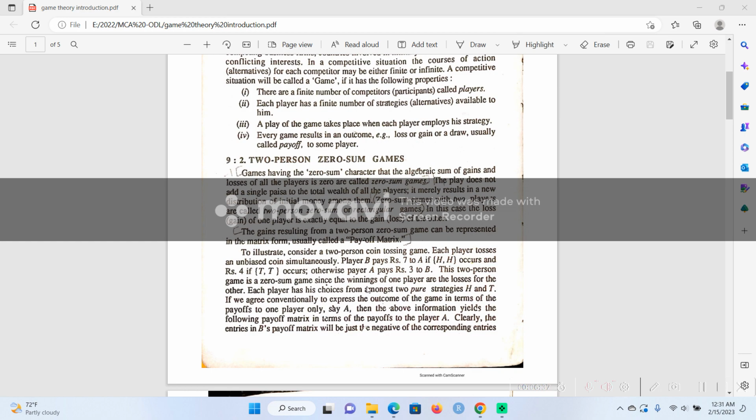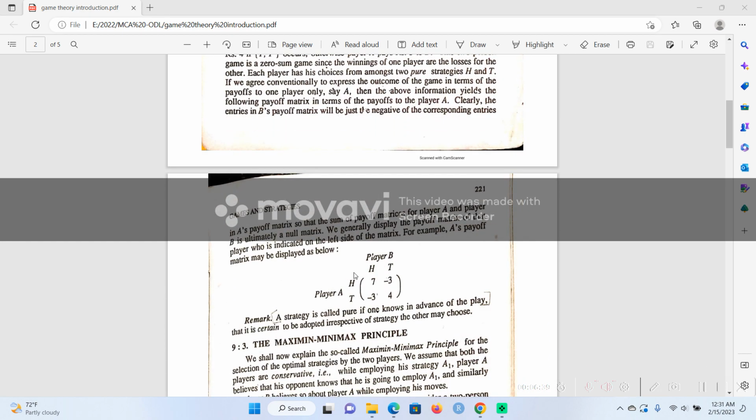We denote this in matrix format. We are considering this as player A and this as player B. Both have strategies. They are tossing one coin only, so they have either head or tail, and similarly B also has head or tail.